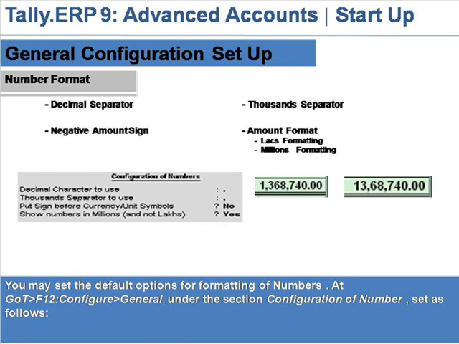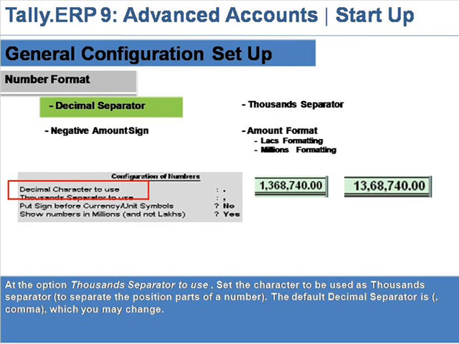Number format. You may set the default options for formatting numbers. At Gateway of Tally, click F12 Configure and then select General under the section Configuration of Numbers. Now set as follows. Decimal separator. At the option Decimal character to use, set the character to be used as decimal separator to separate the mantissa and decimal part of a number.